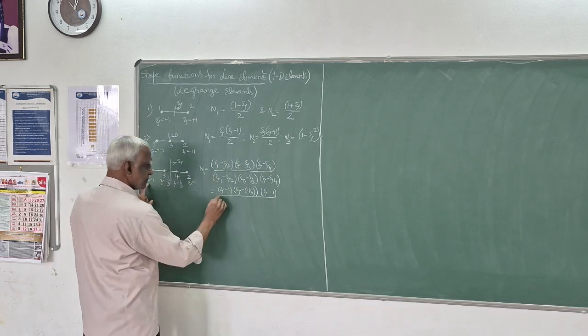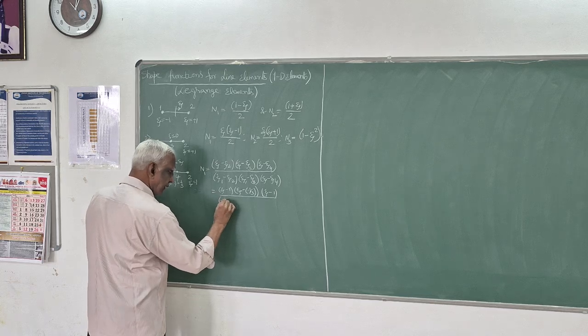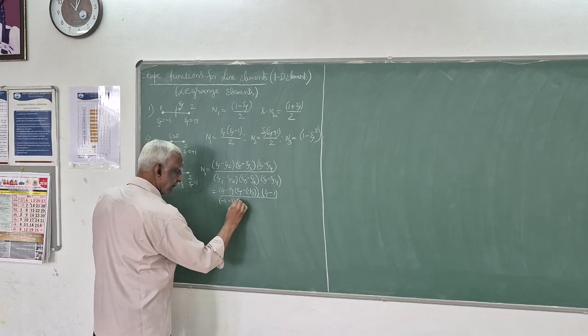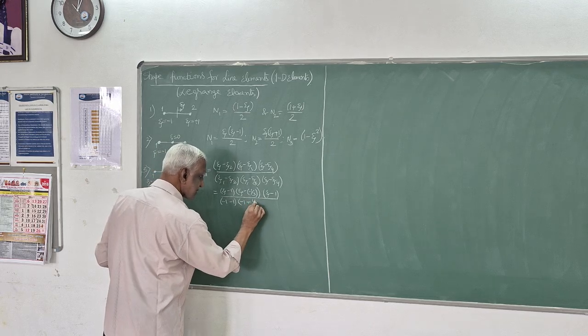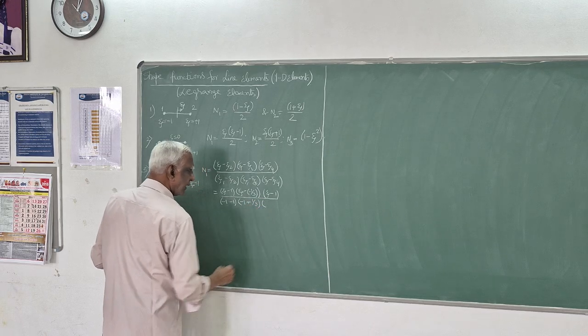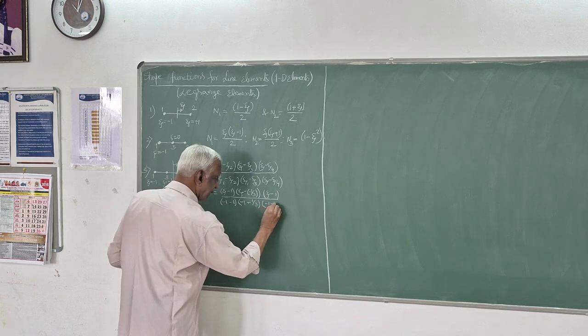psi 1, it is -1, -1 minus 1, -1 minus of -1 by 3, that is -1 plus 1 by 3, then -1 minus 1 by 3.